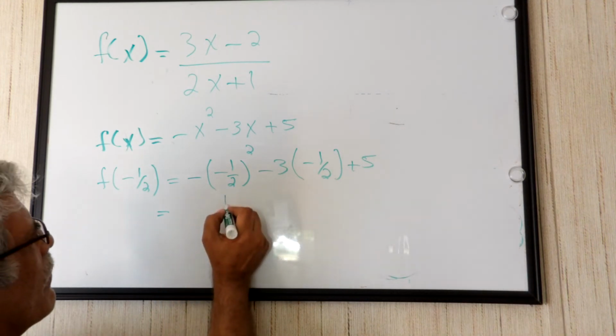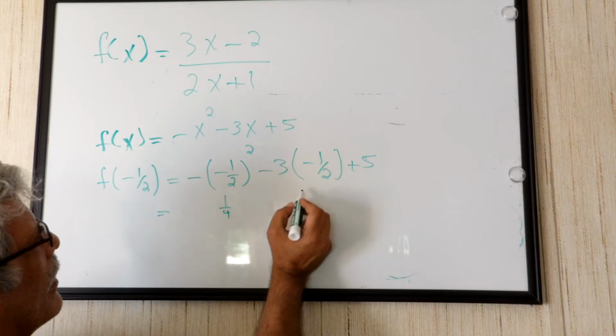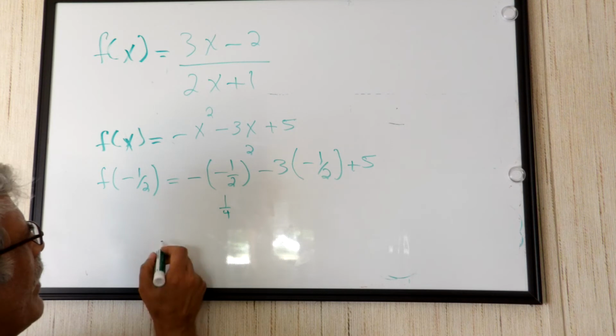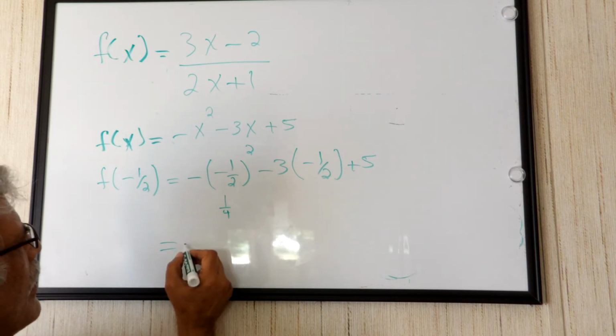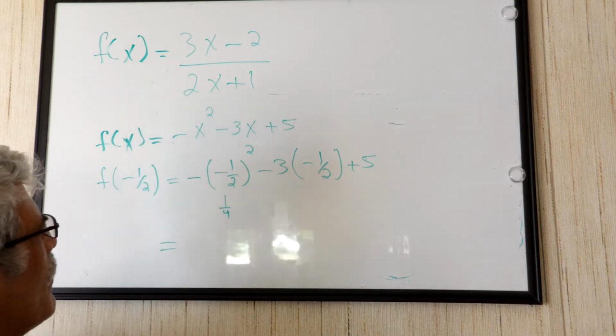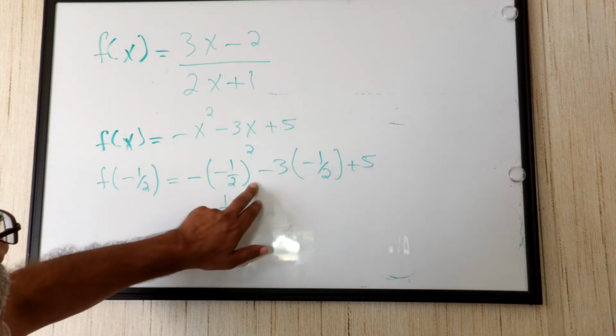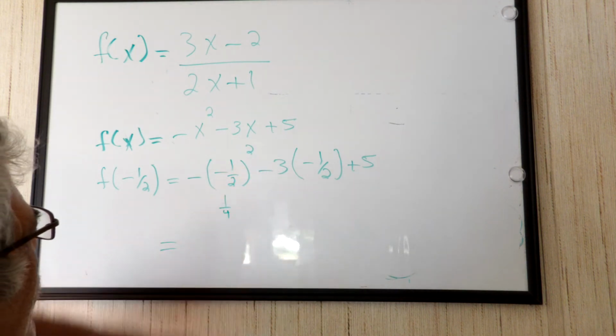So what's going to be the answer? This is going to be 1 over 4. Then we have a minus sign here, and behind it we raise this one to the power of 2.